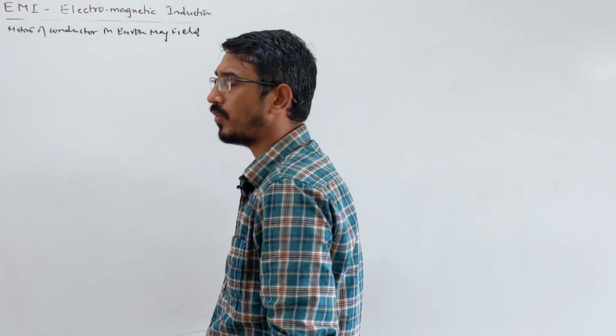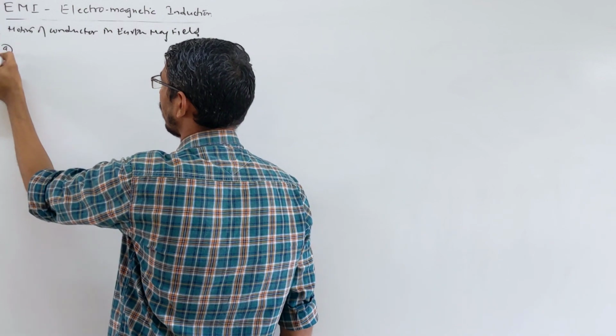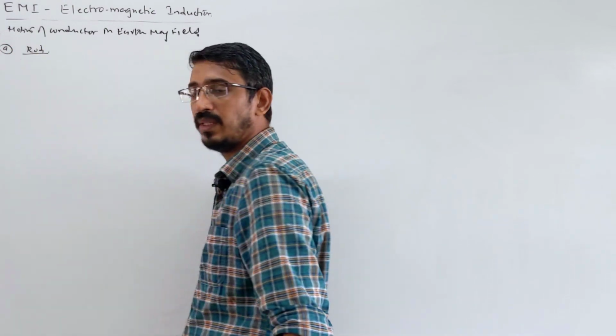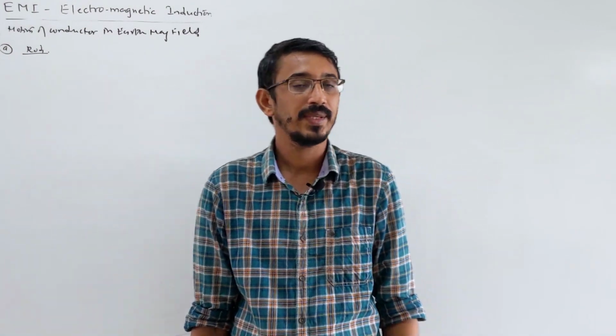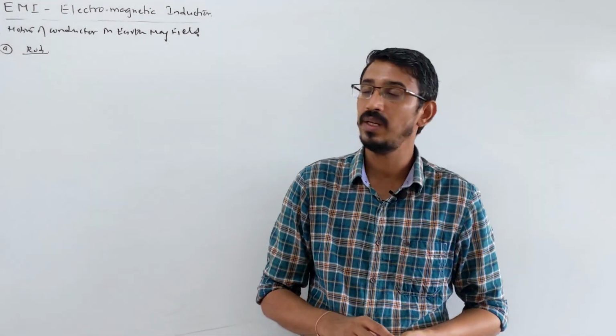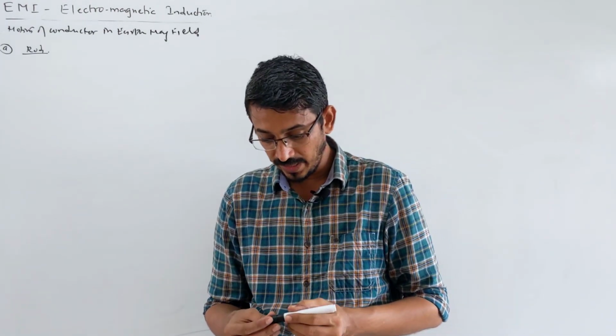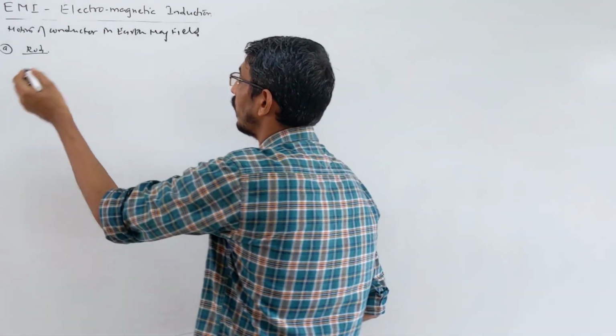Okay, first example I talk about is a rod, a straight conductor. A rod is moving through the magnetic field produced by the Earth. So look here, how a rod can move. We talk about some possibilities.